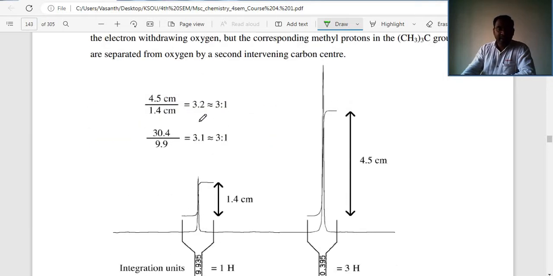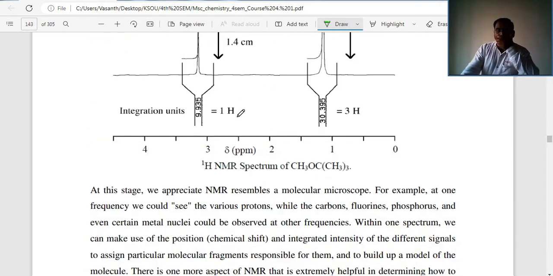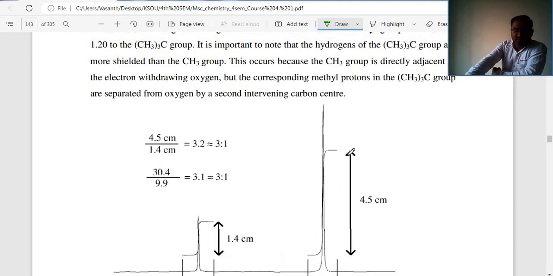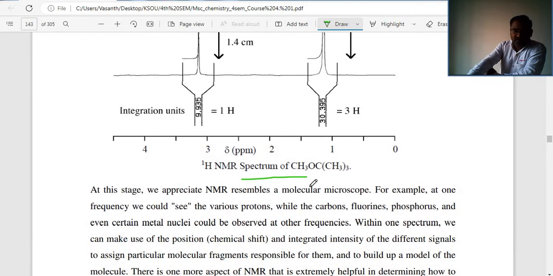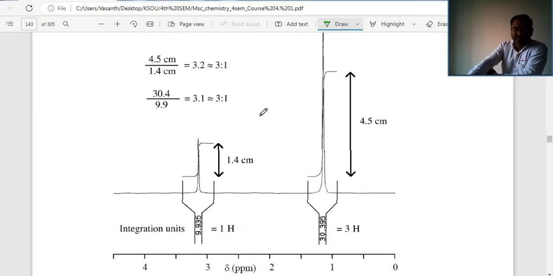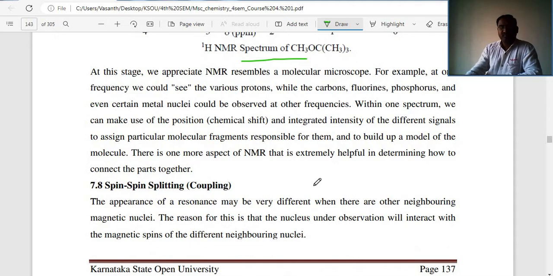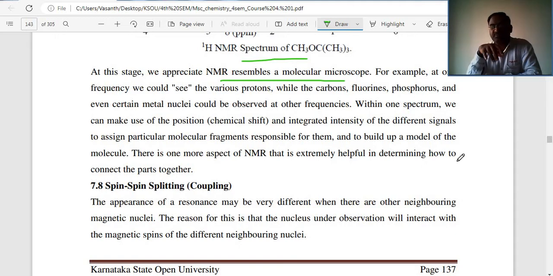If we consider the NMR spectrum of this compound, what we are getting here is 3 protons and 1 proton. At this stage, we appreciate NMR resembles a molecular microscope.